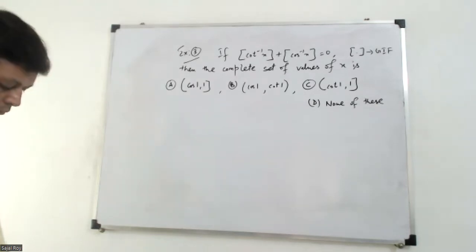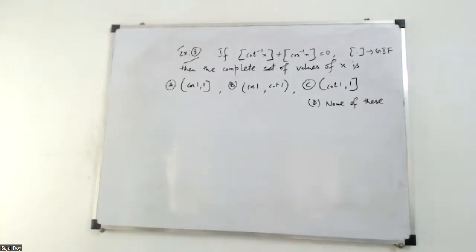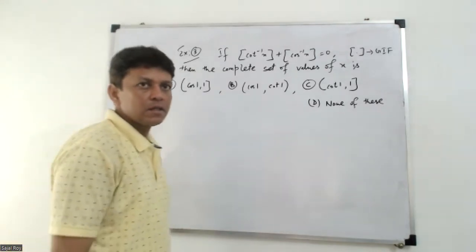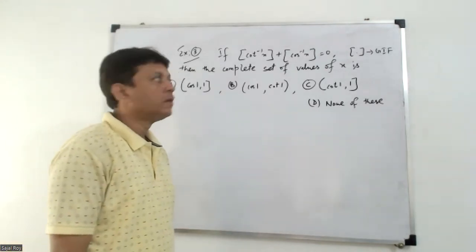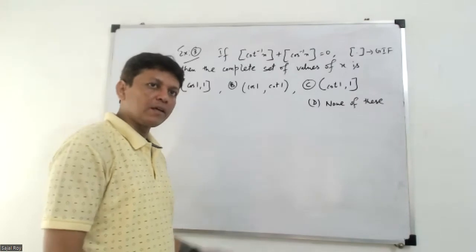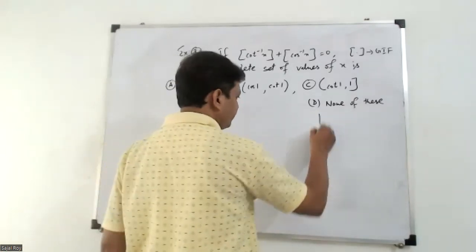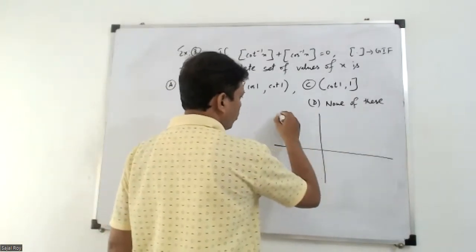Box. What is the range of cot inverse x and cos inverse x? 0 to pi. Cot inverse x also 0 to pi. What is the diagram? This is cot inverse x.